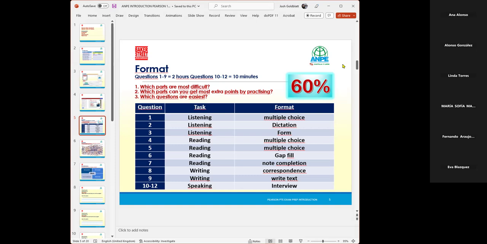A, B, or C. Are they in a bookshop, at the supermarket, or at a library? Where are they?